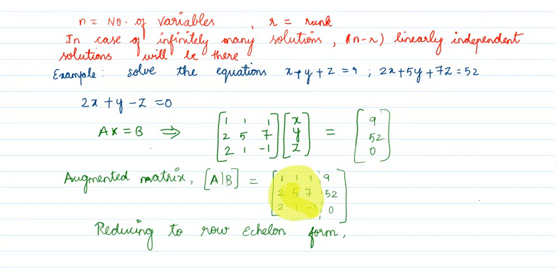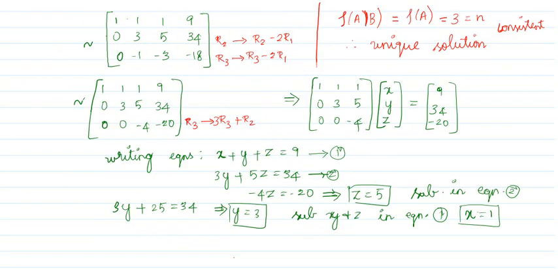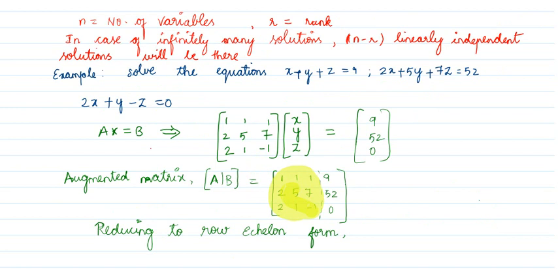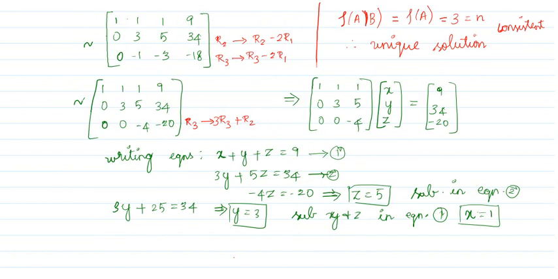Now reducing it to row echelon form. The pivot element is 1. We can make the first element of R2 0 and the first element of R3 0. We apply the arithmetic operations: R2 is R2 minus 2 R1, and R3 is R3 minus 2 R1.